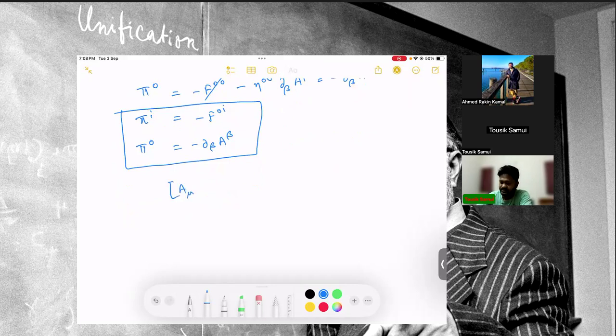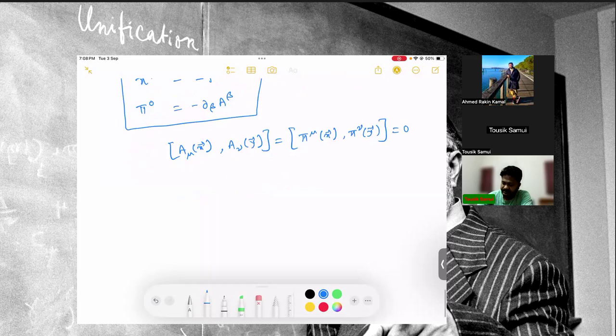The first commutation relation that we get is between A mu and A nu, and position commutation relations and momentum commutation relations, we know that they should be 0, right? So they should be 0. And with the momentum, we say that the commutation relation will be i eta mu nu delta 3 x.